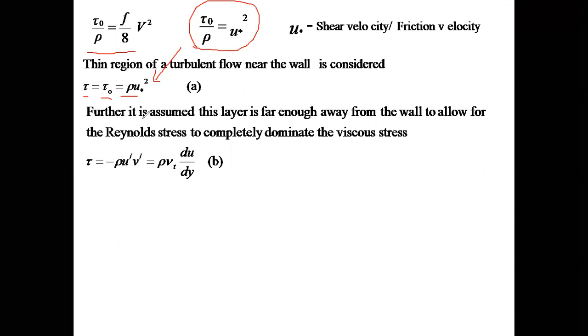Further, we consider a fluid layer far enough from the wall to allow the Reynolds shear stress, that means turbulent shear stress, to completely dominate the viscous shear stress. In that case, tau equals rho nu t du by dy. We learned this in the previous slide.